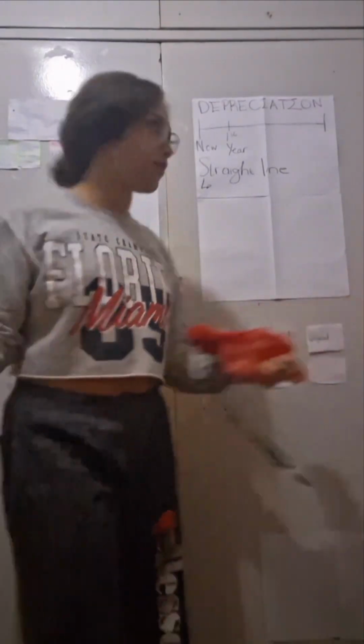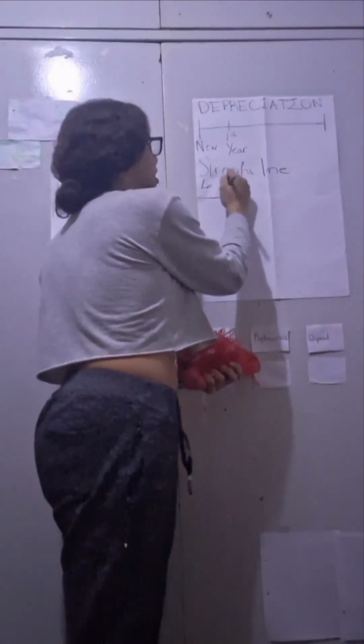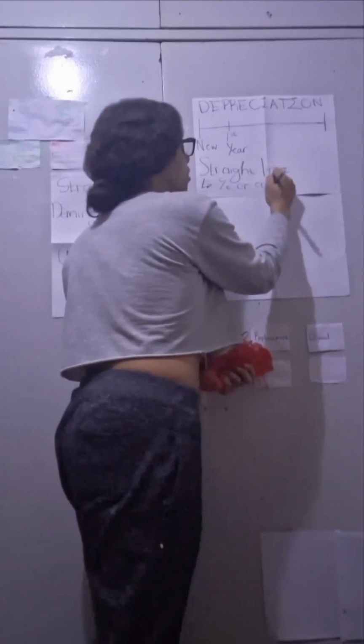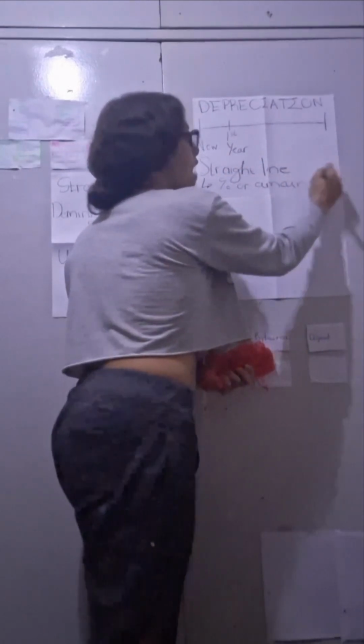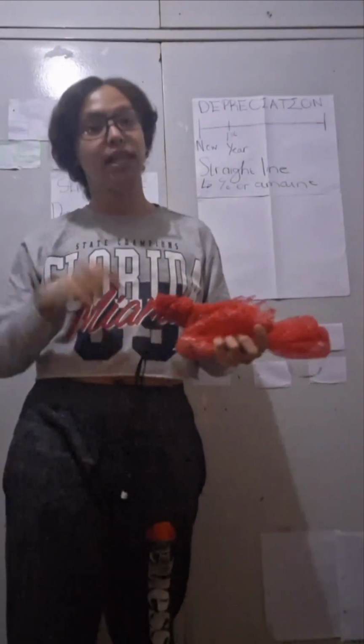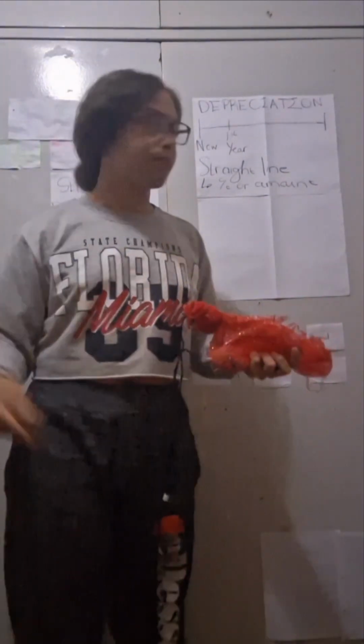For the straight line method, we acquire an asset, and on the straight line method of depreciation, the asset is depreciated with the same amount or percentage over its entire useful life. So it will be a fixed percentage or a fixed amount at which the asset will decrease with every year.